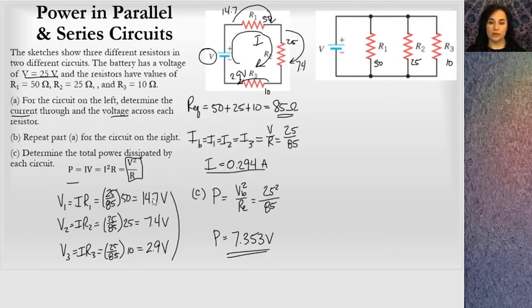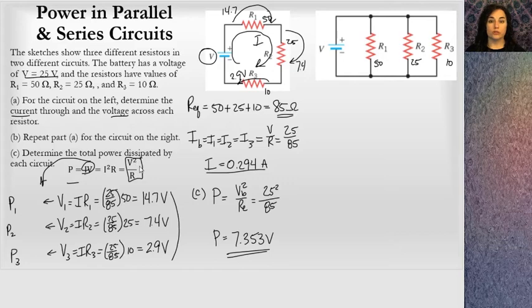Okay, so very straightforward circuit to analyze. We didn't need any of these voltages of the individual resistors. If I wanted to find the power dissipated through each one of these resistors, I would use just the voltage over each one of these resistors. I would use just the current. So that may be the easiest way to do that, is to use IV if you wanted to find the power for each individual resistor, because you know the voltage over each and you know the total current.